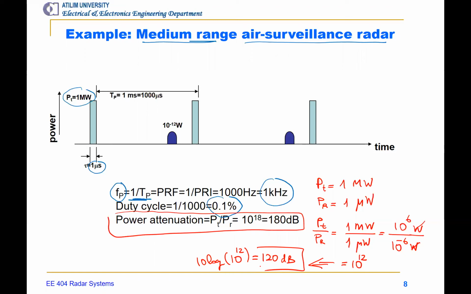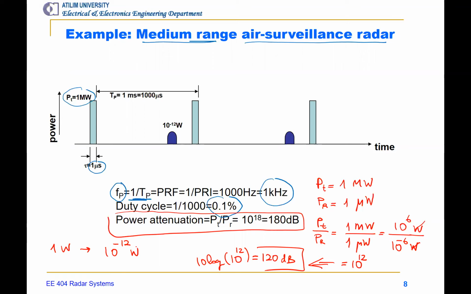So if I transmit 1 watt, then the received power will be 10 to the minus 12 watt. Okay? This is not about the details of attenuation here. There are antenna gains, cable loss, and path loss especially, and the scattering properties of the targets.